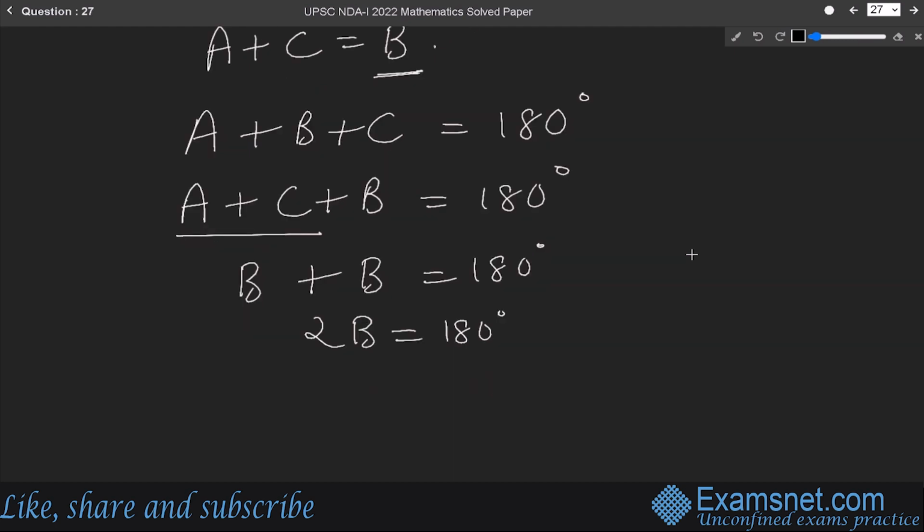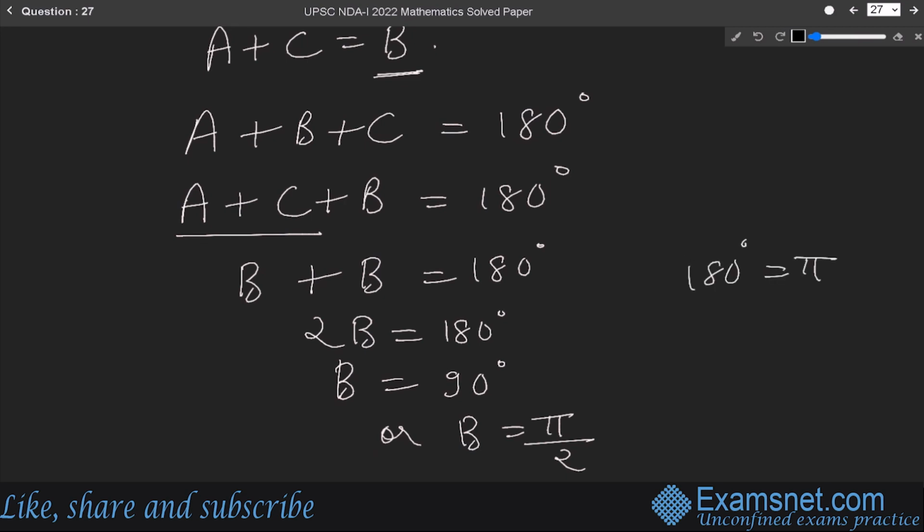Therefore B will be equal to 90 degrees, or we can say that B is equal to pi by 2, as we know that 180 degrees is equal to pi. So 90 degrees is equal to pi by 2. So the value of B is pi by 2.